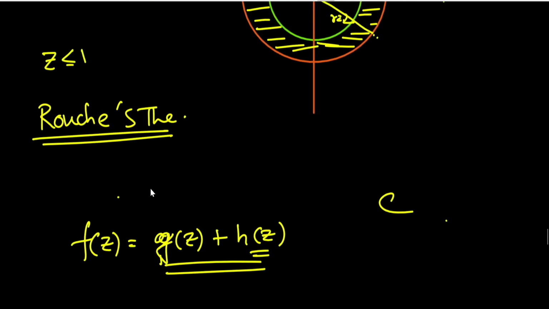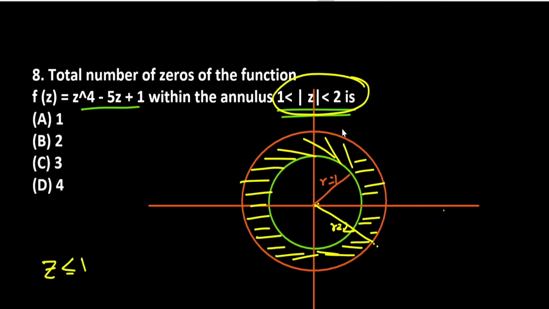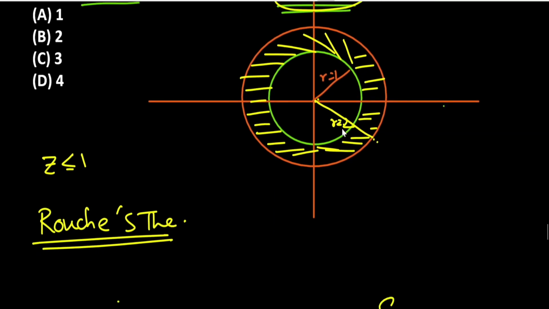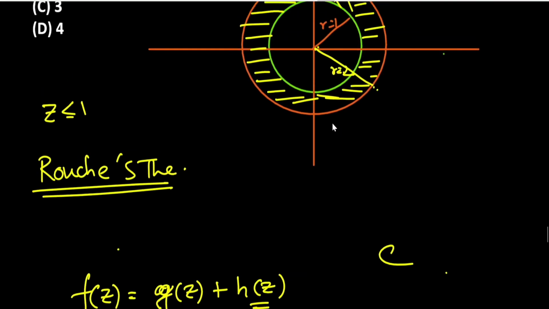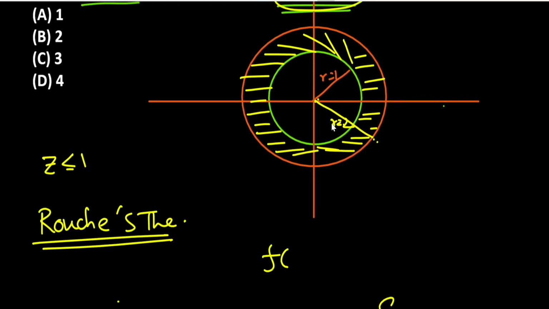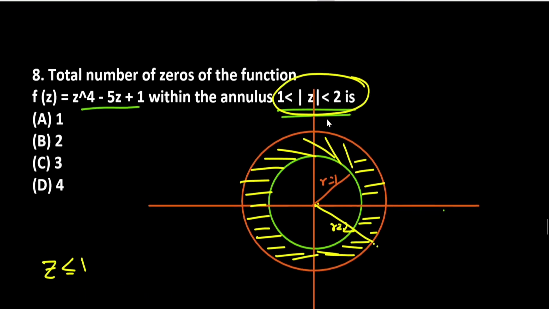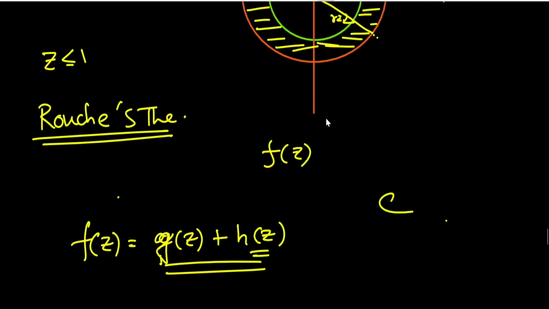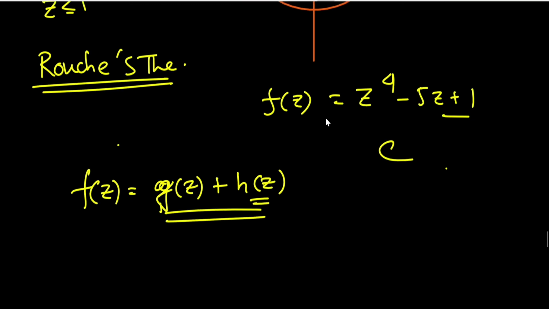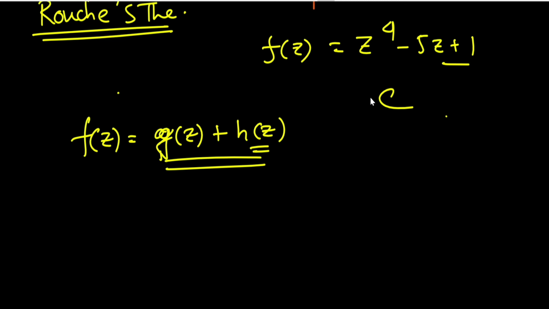Now first we take mod z equal to 1, and we have to choose the functions g(z) and h(z). Now we choose f(z) equal to the given z to the power 4 minus 5z plus 1. Now we choose h(z) for mod z less than or equal to 1.